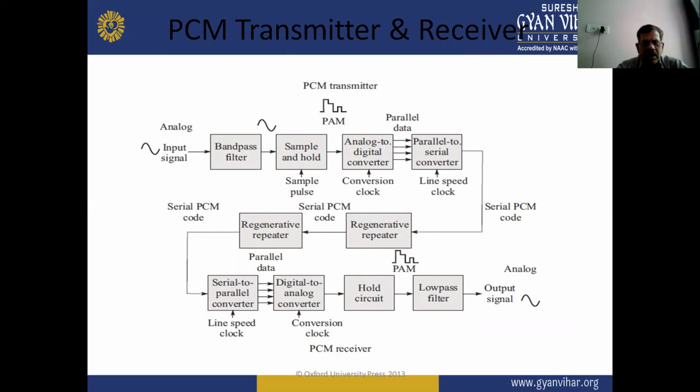This block diagram shows the PCM transmitter and PCM receiver. The first part shows the PCM transmitter, and the second part shows the PCM receiver. In the PCM transmitter, the analog input signal is applied to a band pass filter, and the output of this band pass filter is fed to the sample and hold circuit, whose output is an analog signal.